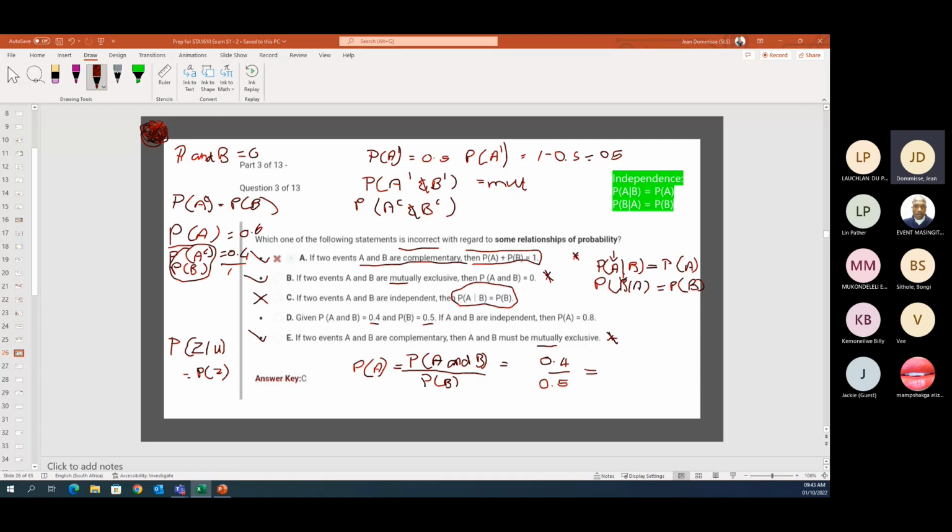So they've done it nearly the other way around. So 0.4 divided by 0.5 is 0.8. Okay, so it's good that we just checked that one as well.